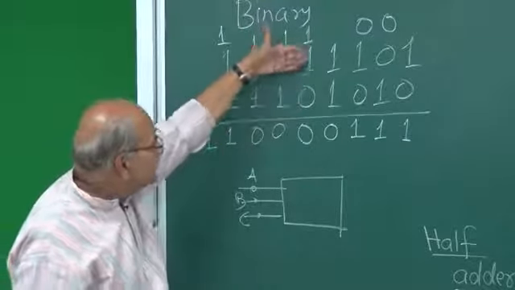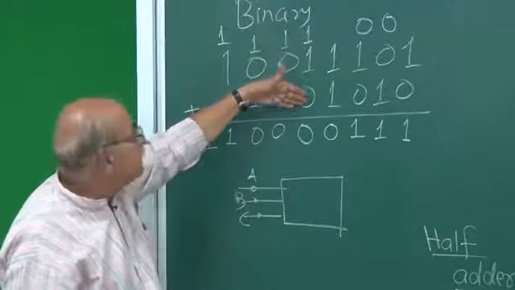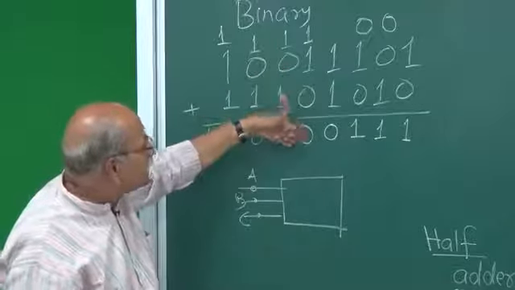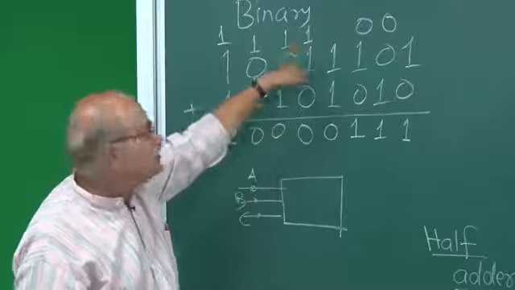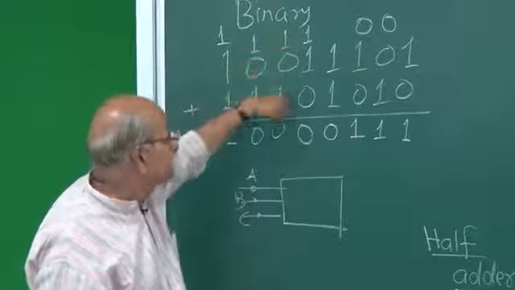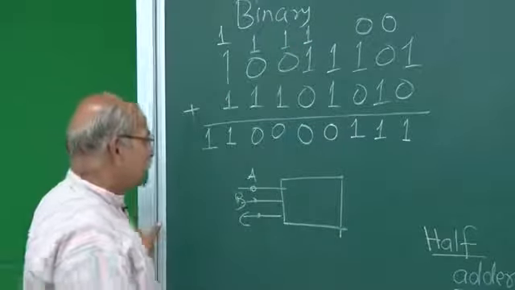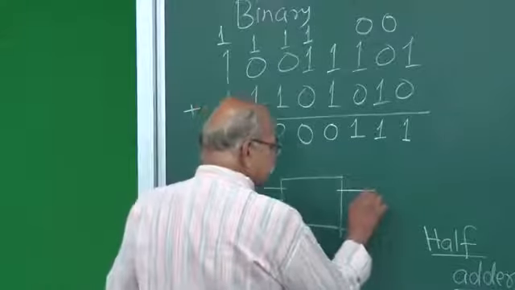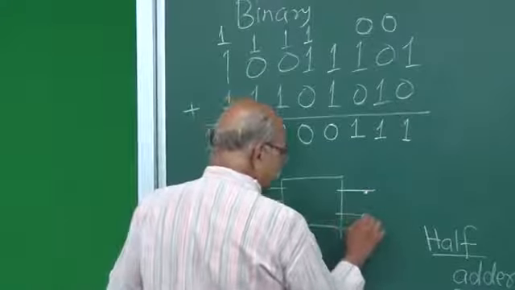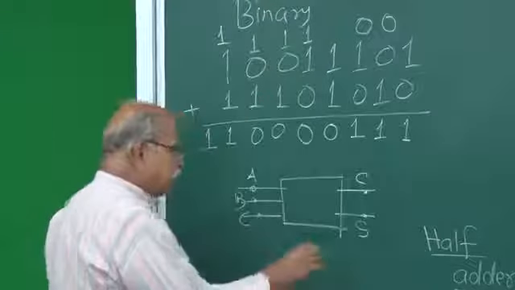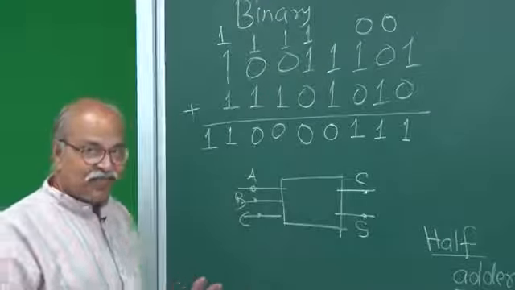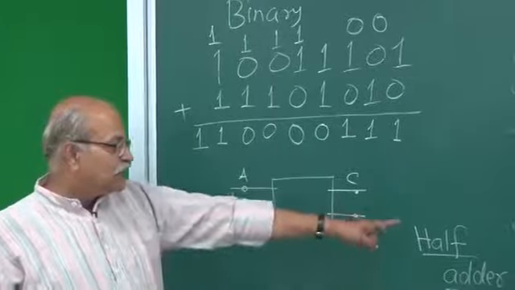So there are 3 inputs, and then I need the final sum and final carry. I don't want to remember in between what happened and carry in my mind. So if I have this kind of circuit designed, you can make your truth table.